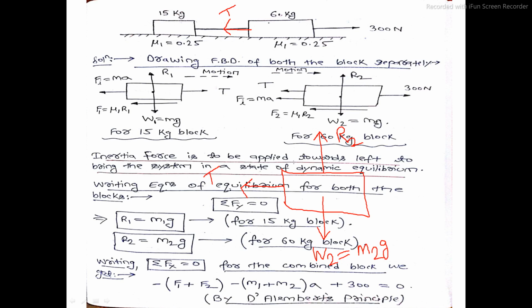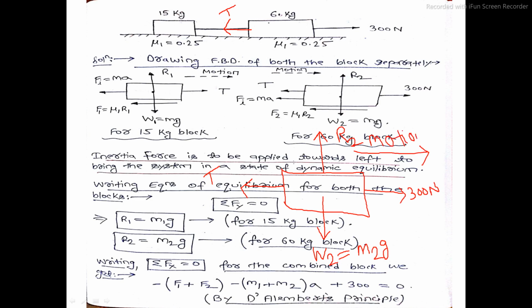On this block, externally along the positive x direction, a 300 Newton force is acting. This is that 300 Newton force. As a result of this 300 Newton force, the 60 kg block will move in this direction. So this is the direction of motion of the block.